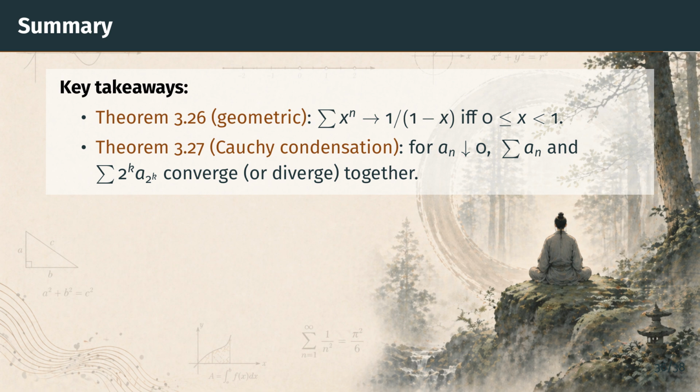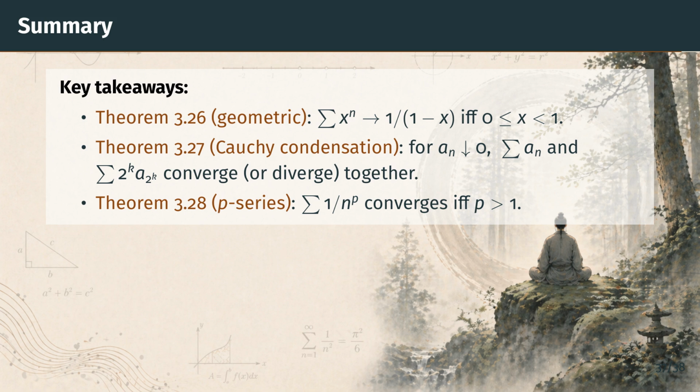It converts questions about slowly decaying series into questions about geometric or p-type series. Third, the p-series test. The series 1 over n to the p converges precisely when p is strictly greater than 1. The harmonic series at p equals 1 just barely fails to converge, and this fact will haunt us many times in the rest of the book.